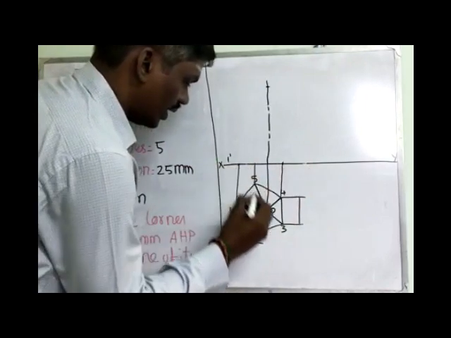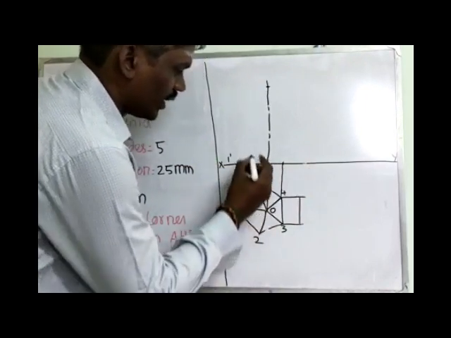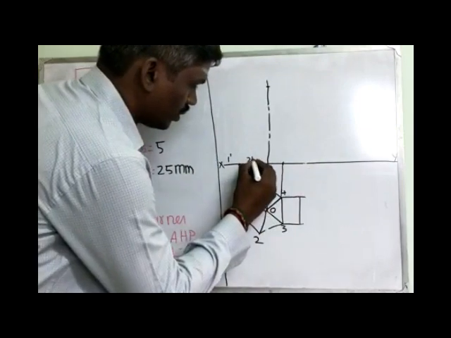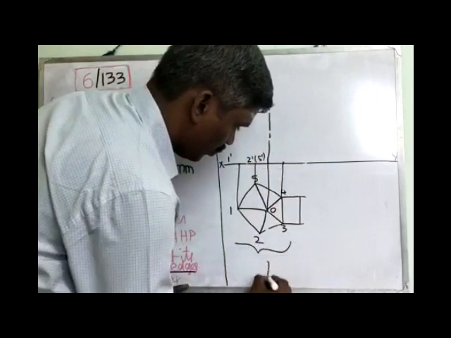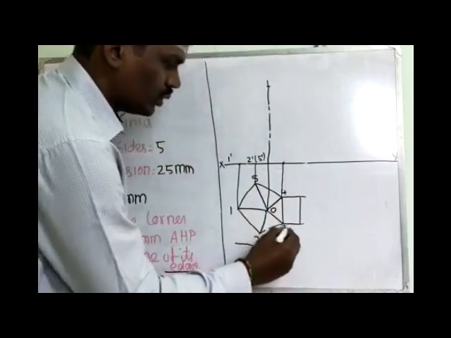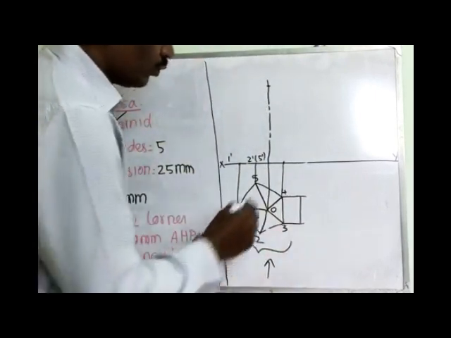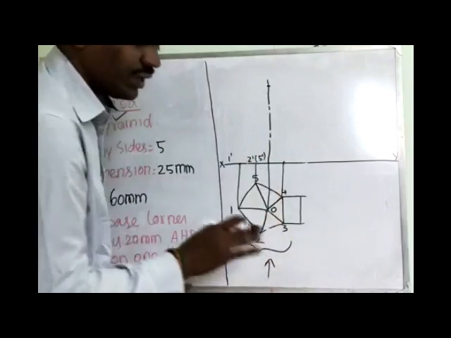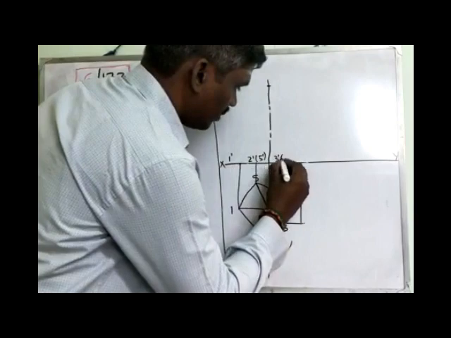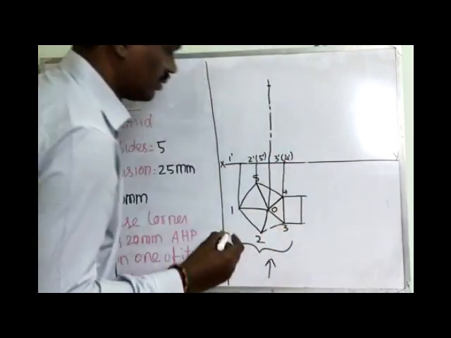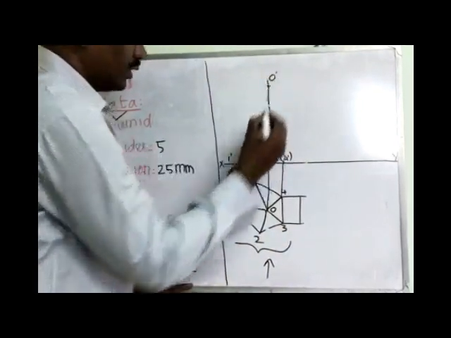This is 1 dash. 2 and 5 are projected at the same point, 2 dash, 5 dash. If you see from here, base corners 1, 2, 3 are visible. 4 and 5 are away from the observer, so 4 and 5 are hidden. 3 dash, 4 dash. This is the apex.